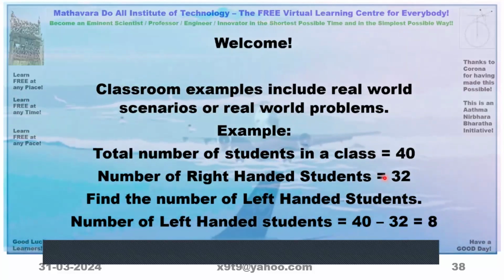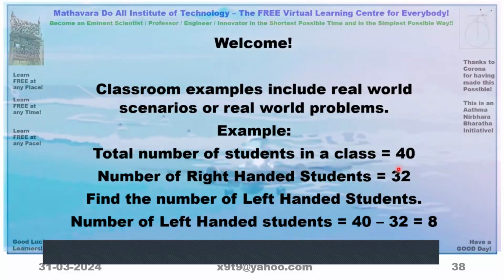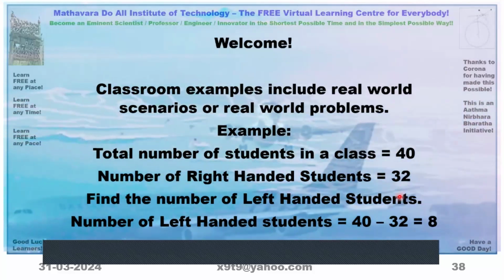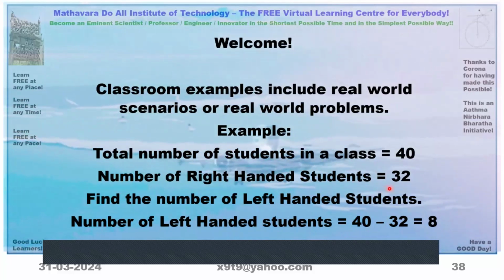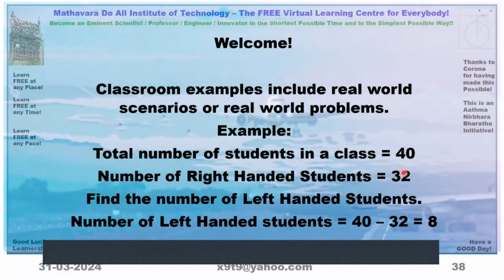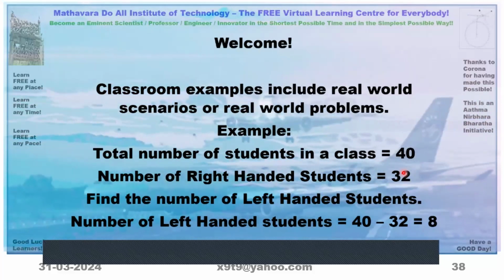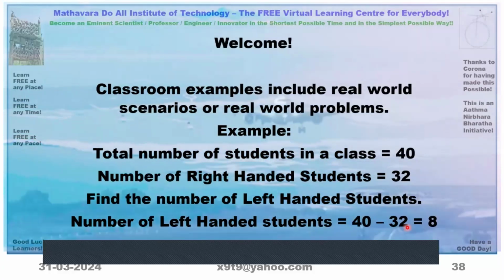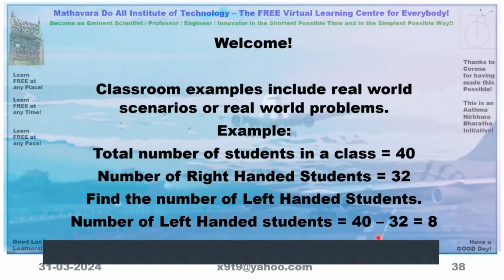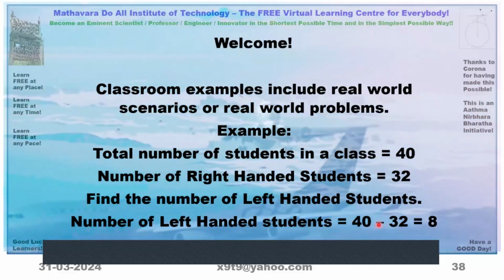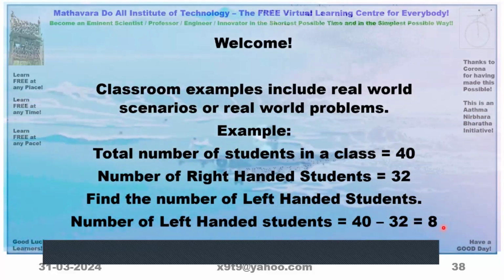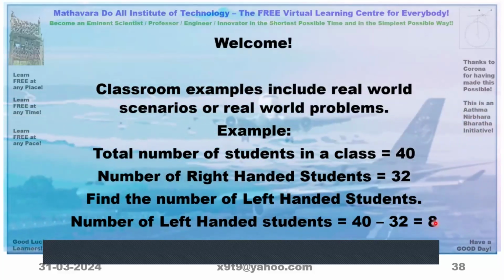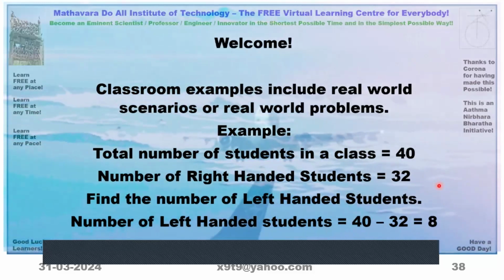We know the number of right-handed students, those who write using the right hand, say there are 32. Others are using the left hand for writing down the notes. So from the total, subtract the number of people who are using the right hand. Then you get 8. So we can assume that left-handed students are 8 in the class out of 40.